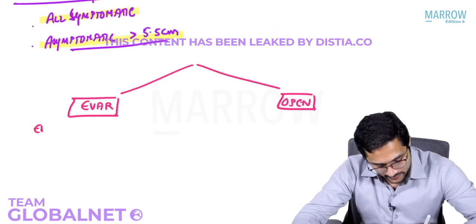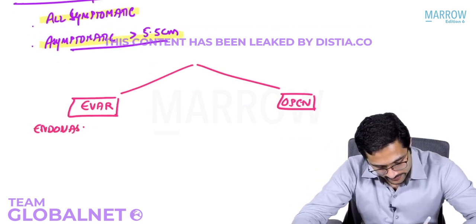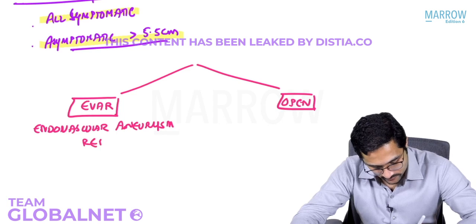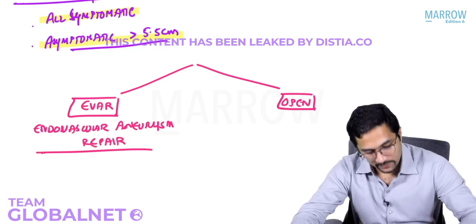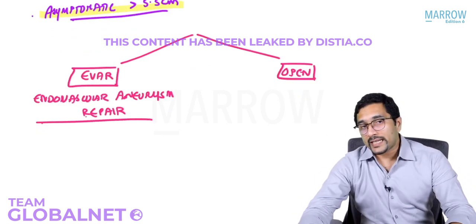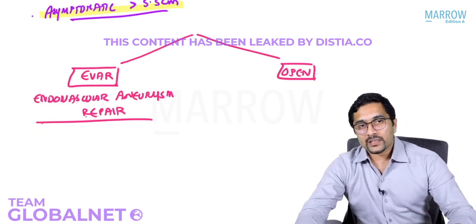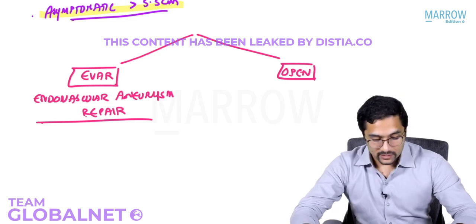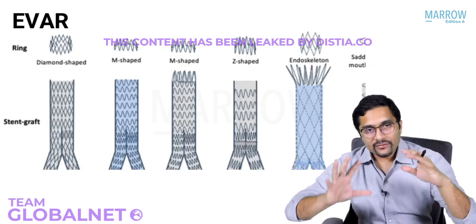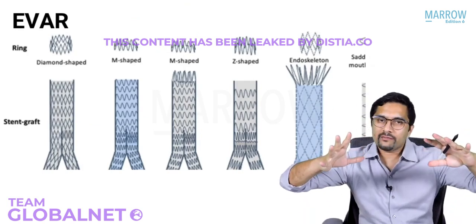EVAR stands for endovascular aneurysm repair, and more than 75 to 80% patients are candidates for EVAR or endovascular aneurysm repair. Now in EVAR, we have to use a graft, and this graft has to get hooked onto the vessel, right?